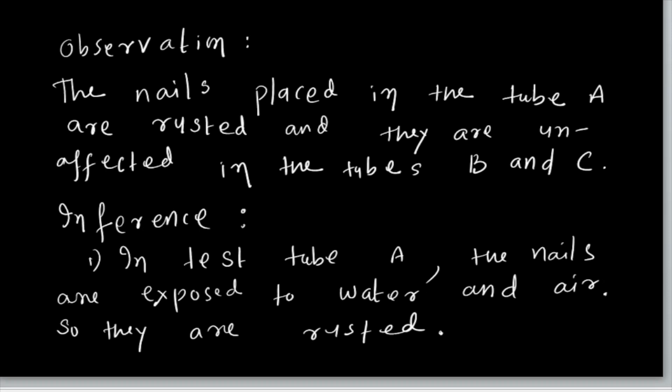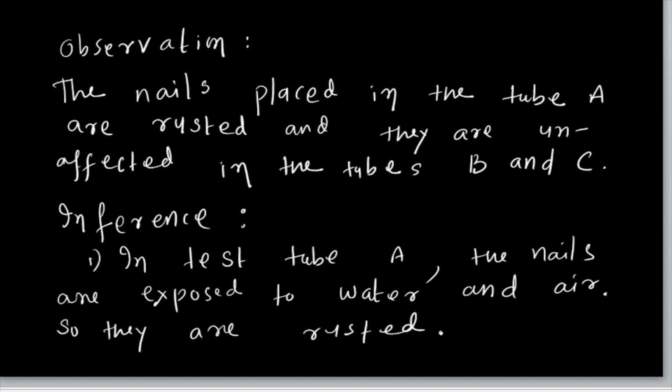Why? Because B has only distilled water with 2 drops of oil, and C has anhydrous calcium chloride. That means there is no oxygen and free water. If water is supplied and oxygen is supplied, automatically the nail starts rusting and it becomes rusted.